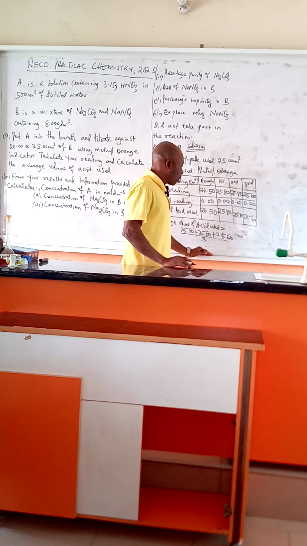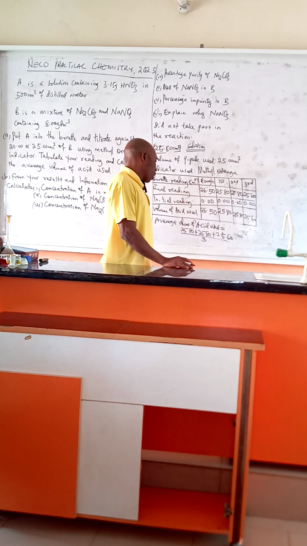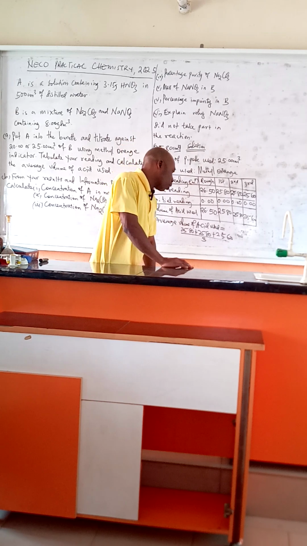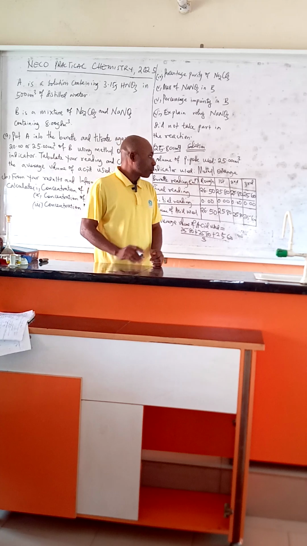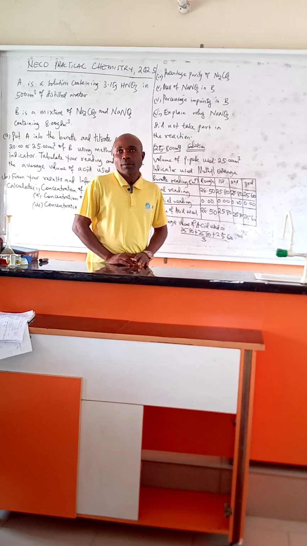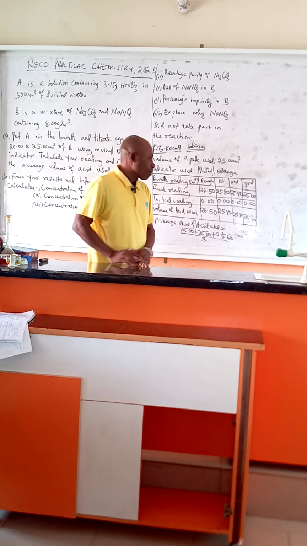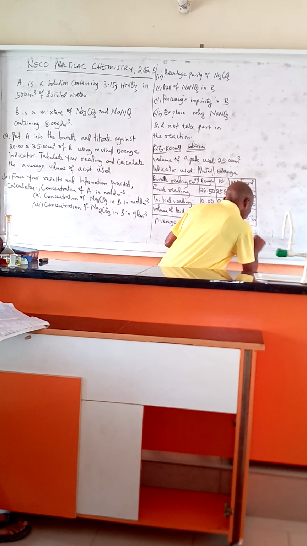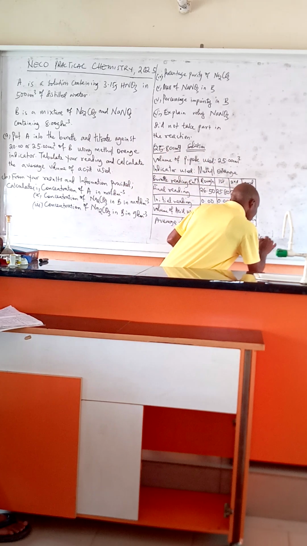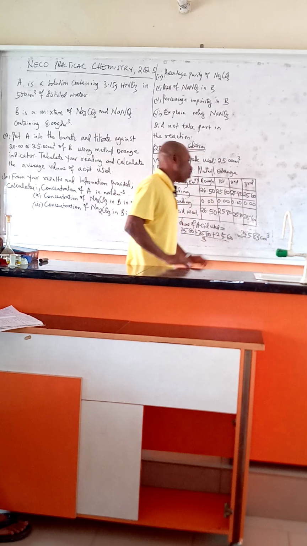And when we do, student, punch your calculator. 25.80 plus 25.80 plus 25.60 divided by 3. You have 25.73. Make sure the unit is in cm cube.